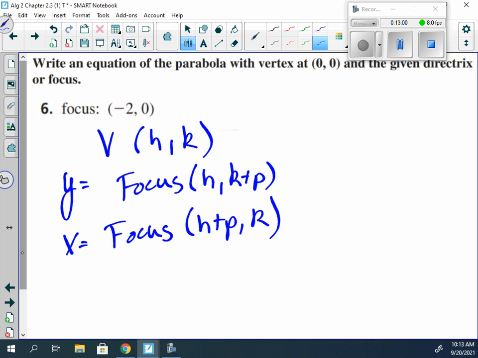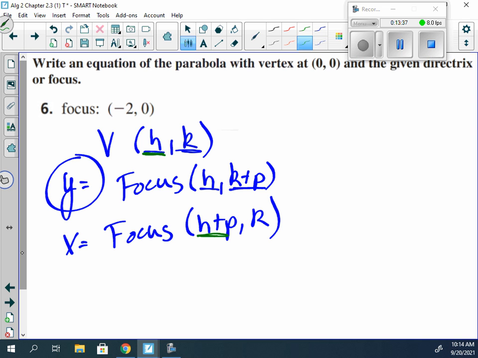Well, with y equals, the focus y value changes from the vertex. Because for the focus, for x, I have h and h. Those are the same, yes? For the y value of the focus, it's k plus p, where for the vertex, it's just k. So if I'm looking at the vertex and focus and the y values have changed, it means we're dealing with the y equals formula. Now, if we look at the x equals, well, I have h, and here I have h plus p.